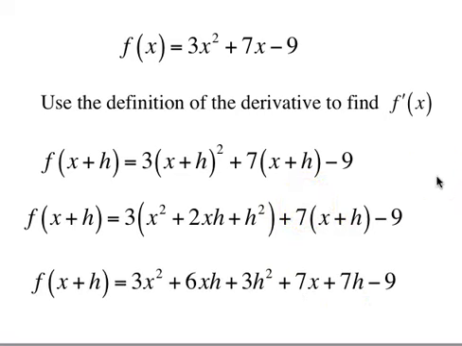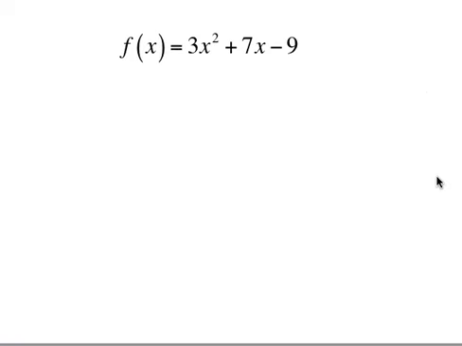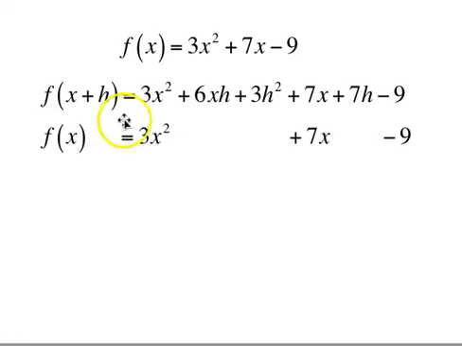And our rule is f of x plus h minus f of x over h. We have f of x plus h. Next, subtract f of x. f of x plus h on top, subtract f of x. 3x squared minus 3x squared gone. 7x minus 7x gone. Negative 9 minus negative 9, negative 9 plus 9 is 0.